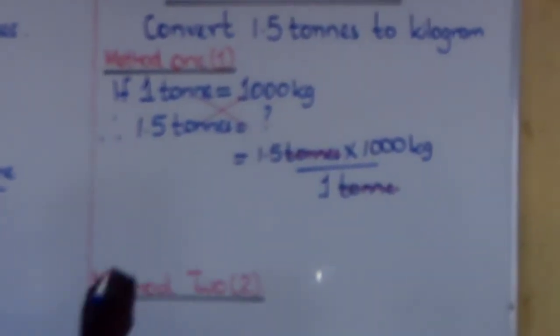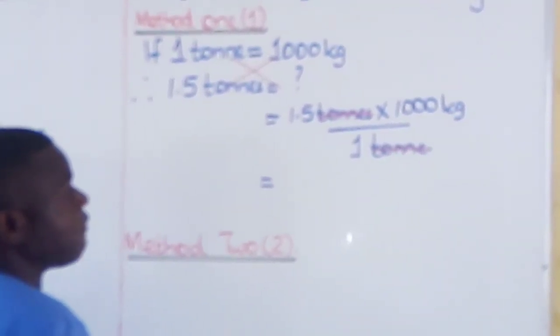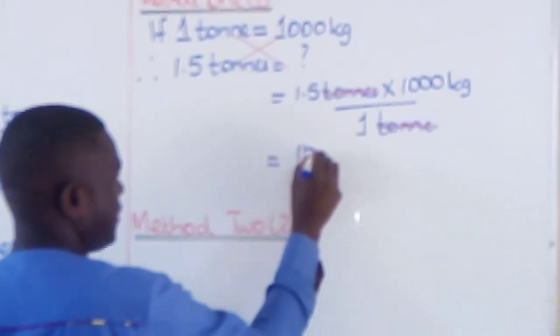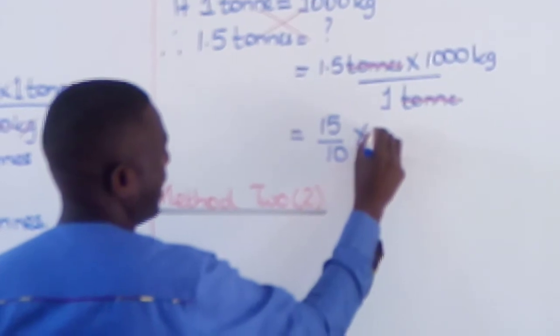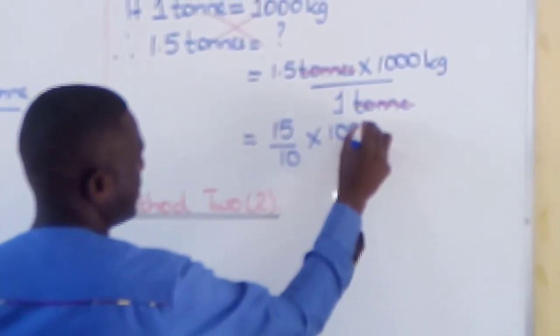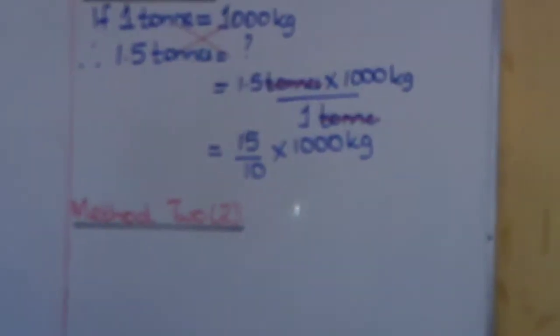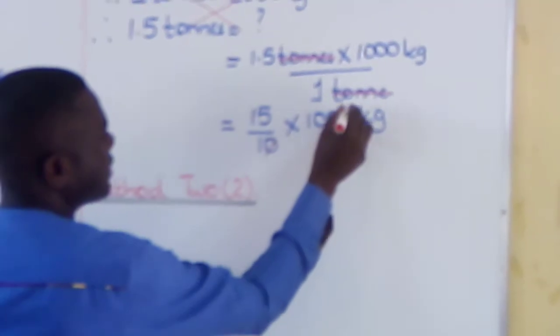We convert 1.5 into a fraction, and that will be 15 over 10 multiplied by 1,000 kilograms. Yes, a 0 cancels a 0.